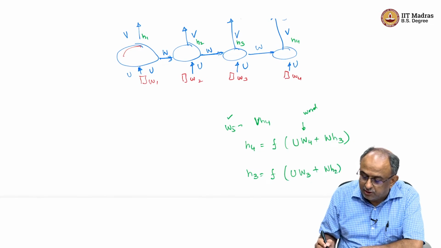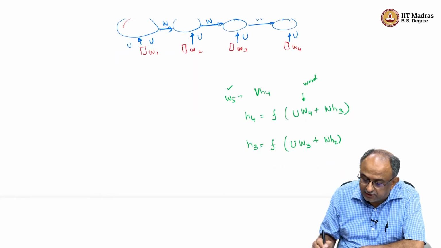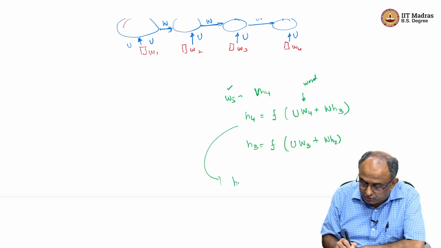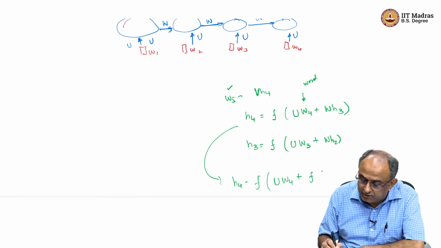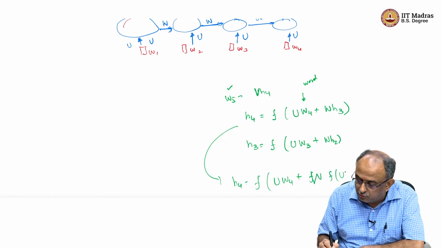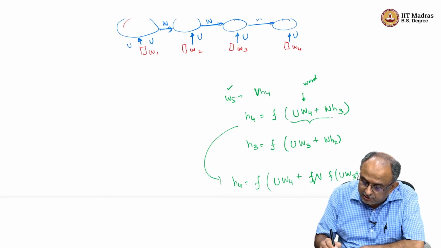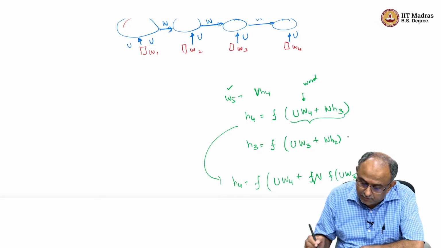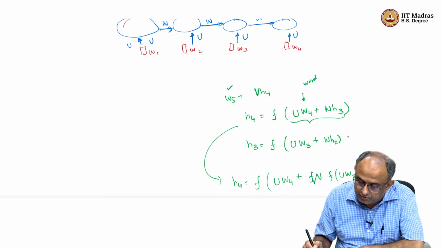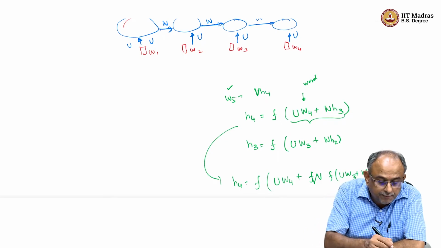So if you want to put it together, H4 depends on F times UW4 plus F times W times F times UW3 plus WH2.